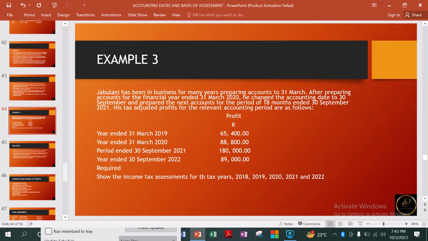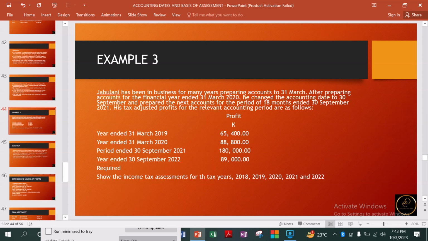Jabulan has been in business for many years, preparing accounts to 31st March. After preparing accounts for the financial year ended 31st March 2020, he changed the accounting date to 30 September and prepared the next accounts for the period of 18 months ended 30 September 2021. His tax adjusted profits for the relevant accounting periods are as follows.